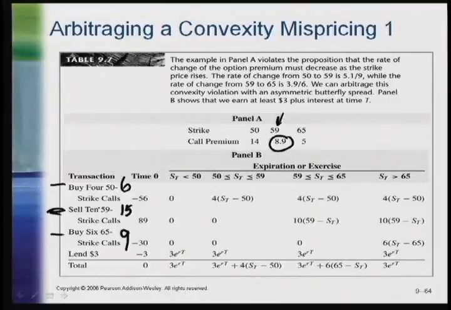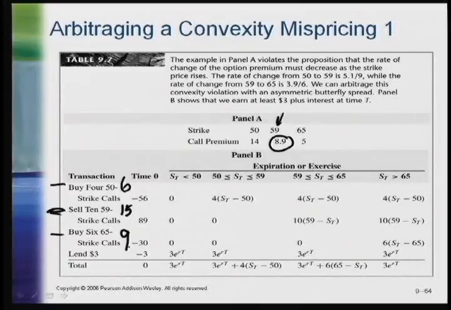So 6 went to 4, 15 went to 10, and 9 went to 6. But you could implement this either way. It was natural to illustrate this with the lowest common multiple. In fact, you could cut them all in half and do 2, 5, and 3. So clearly, multiples of the pattern work just as well.